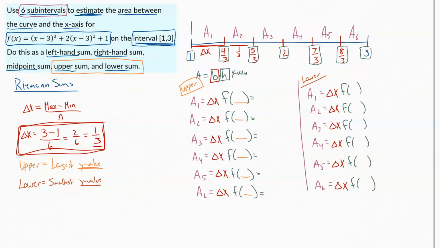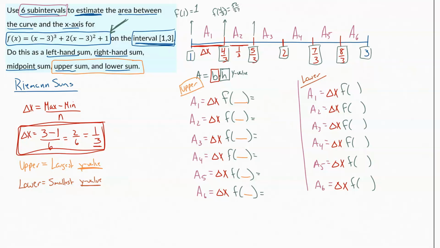So we start here at 1. So I go f of 1. I'm plugging all of these back into the original equation to find out what the y value is that goes with it. So I plug in 1, and that's going to get me out a y value of 1. I'm doing the same thing here. I plug in 4/3, and I'm going to get out of there 52 over 27.